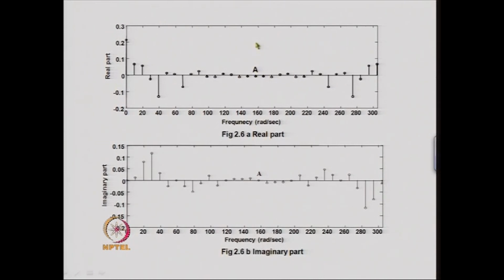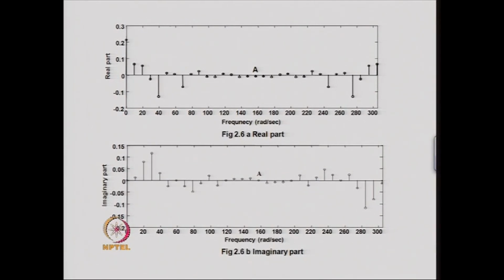That means after this frequency, it repeats whatever we get on this side. The imaginary part is antisymmetric about this point, and whatever we get on this side after this point is just a mirror image of those points.